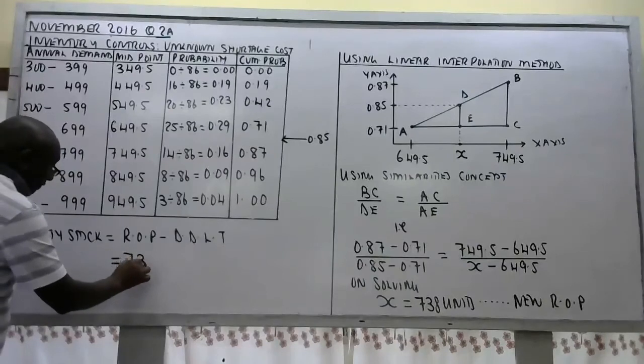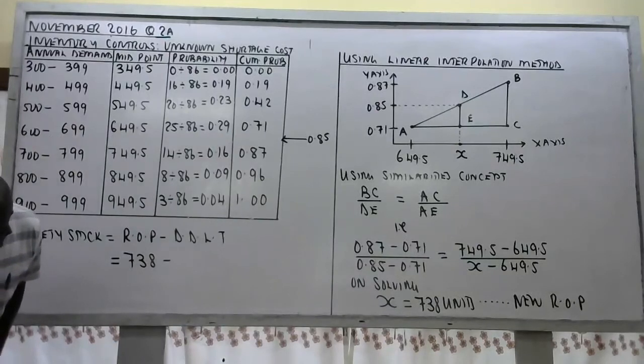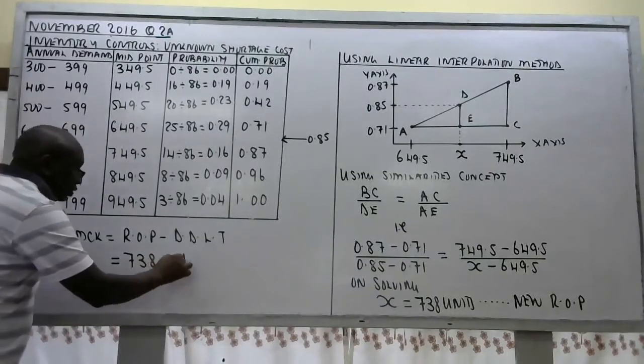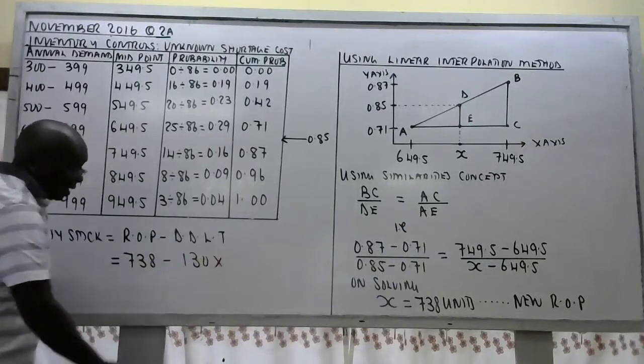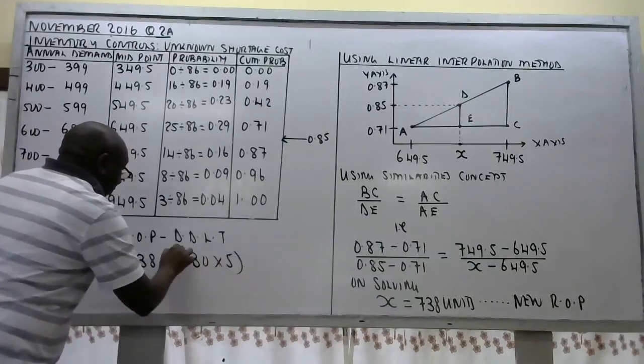So this will be 738 minus, according to the question, we are told that the average demand is 130 units and the lead time is 5 days.